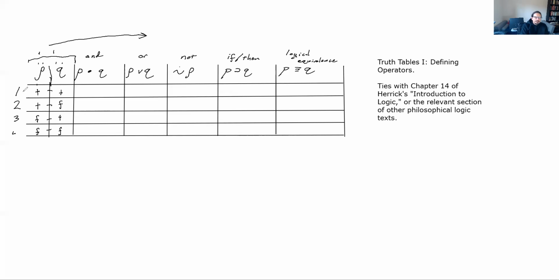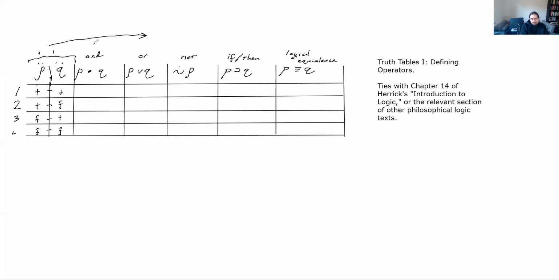Okay, so on this first row then, this row represents when both P and Q are true. And what we're looking for in every blank spot on this chart is, what is the truth value of P and Q?